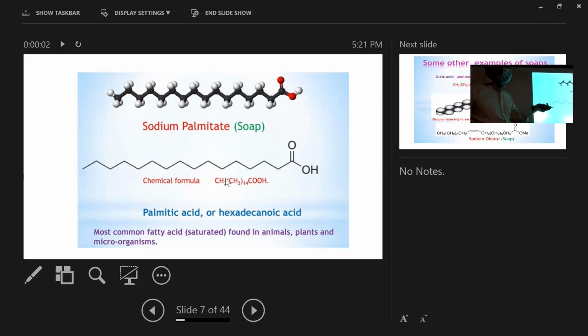So when this palmitic acid reacts with sodium hydroxide, or even with only sodium, we get the salt of this carboxylic acid, because you are familiar with the reaction when any acid reacts with only a metal. In that case, you can get sodium chloride plus hydrogen gas.